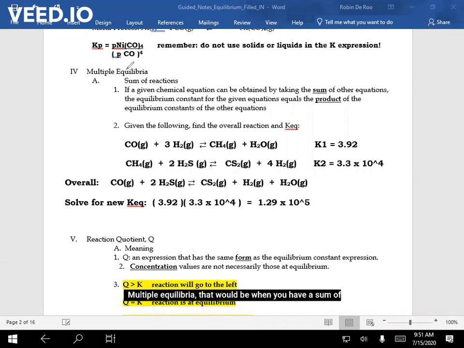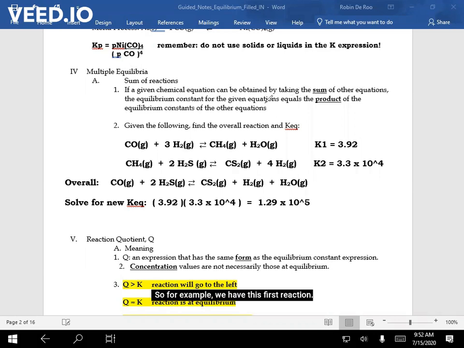Multiple equilibria. That would be when you have a sum of reactions. If a given chemical equation can be obtained by taking the sum of other equations, the equilibrium constant for the given equation equals the product of the equilibrium constants of the other equations.